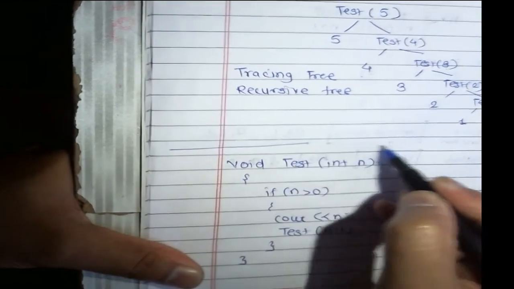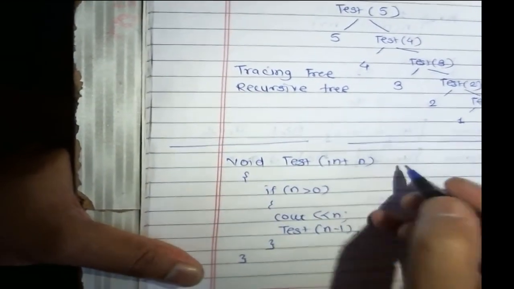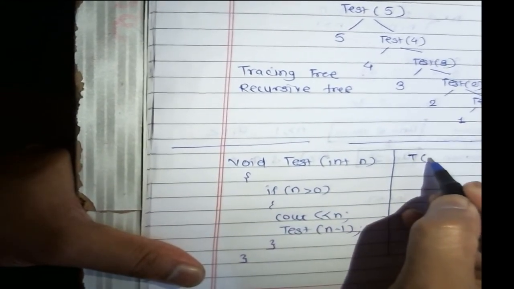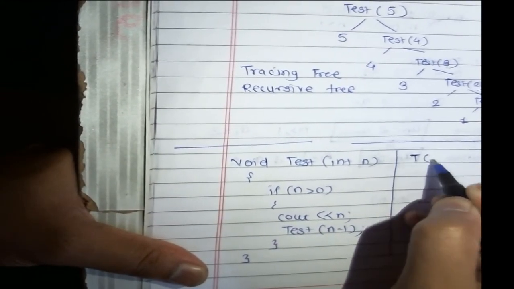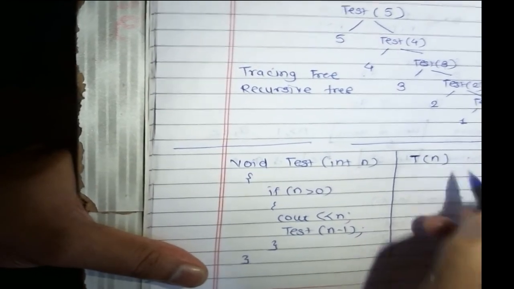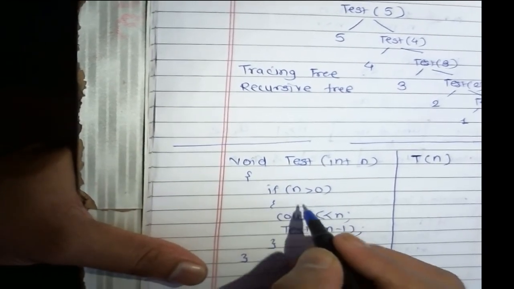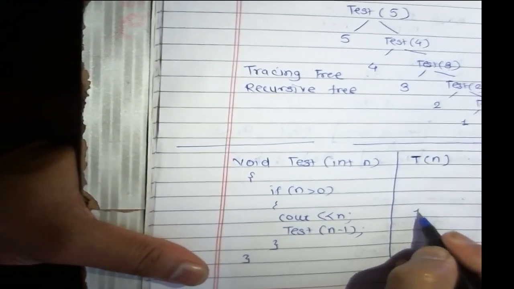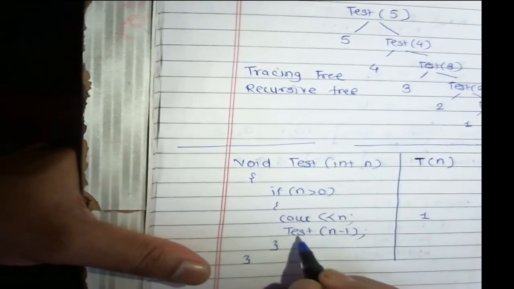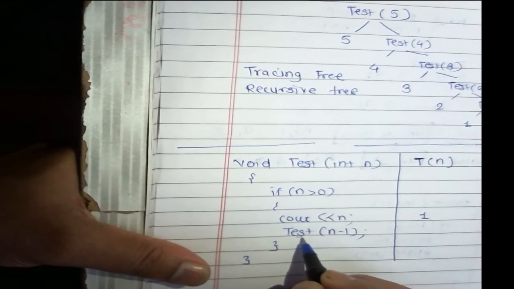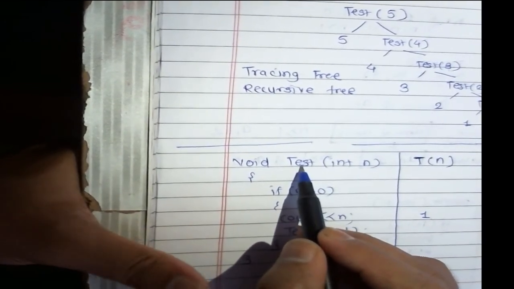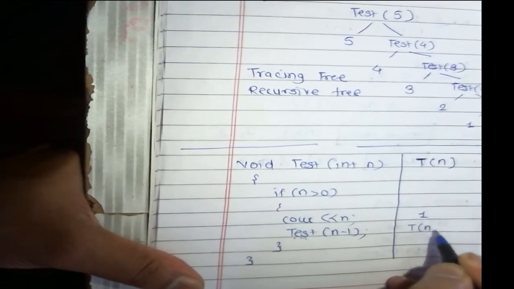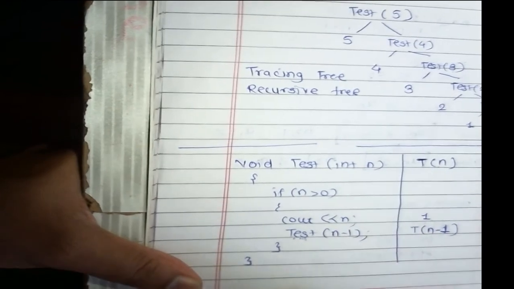Now our job is to analyze this function. We need to write how many times this function executes in terms of T, so it's T of n. Let's say the cout is printed only one time. Then there is again a function call, and we know test of n is written like this, so we must write T of n minus 1 because it is again a function call.